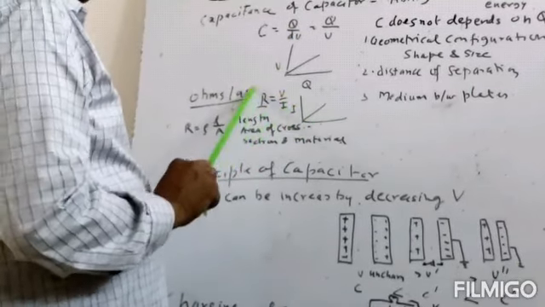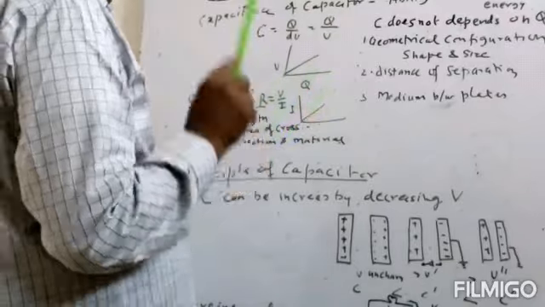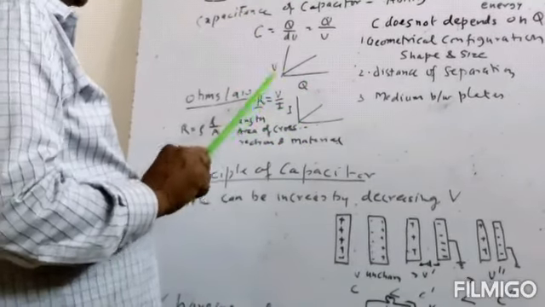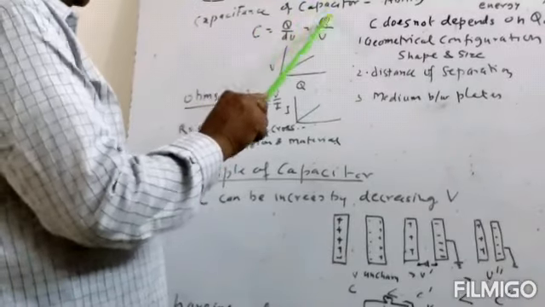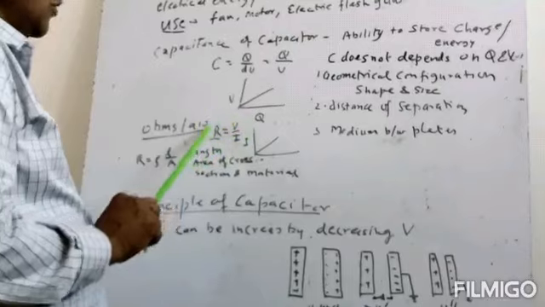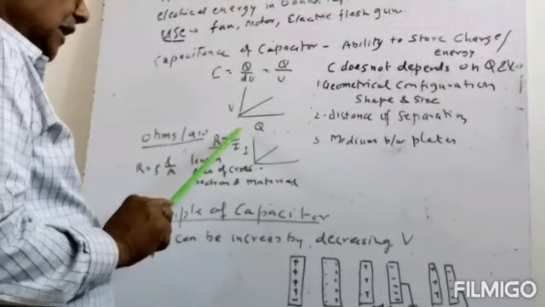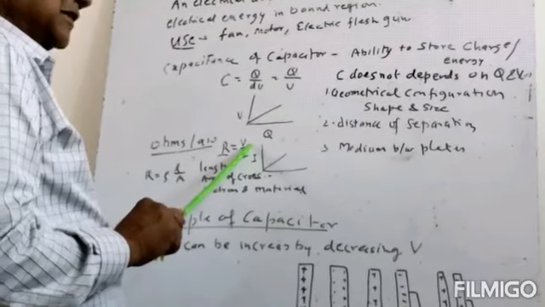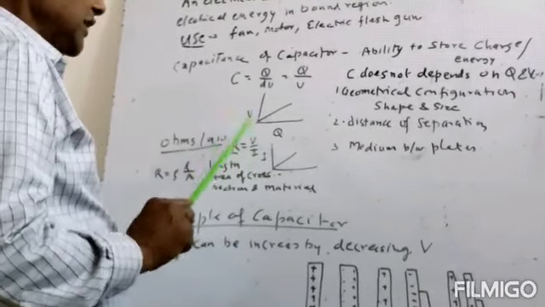And so the resistance R is equal to V by I. Here C is equal to Q by V. Similar to here, R is equal to V by I. So the resistance of the conductor doesn't depend upon V and I. If I increases, V will also increase.